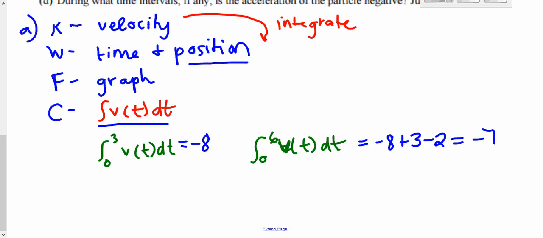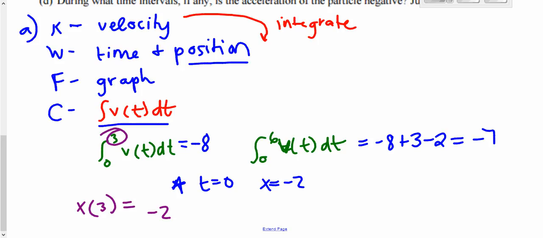So don't forget that our initial position, those aren't our positions, that's just where those were. At t equals 0, we started at -2. So to really get our position, so position is x of t, our position at 3 is -2 plus the integral from 0 to 3 of v of t dt.